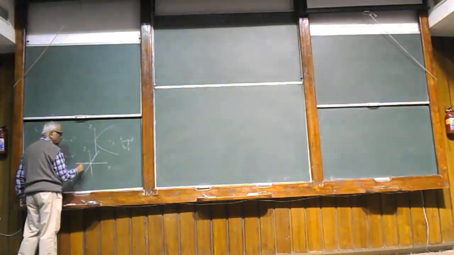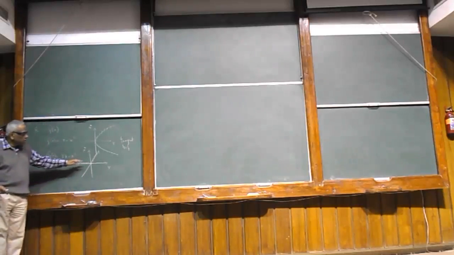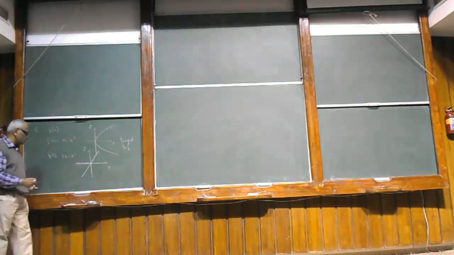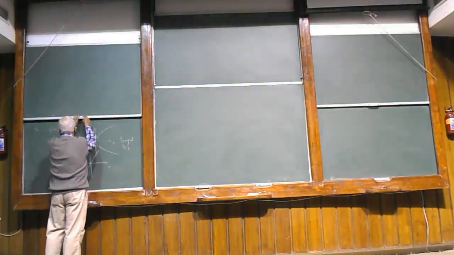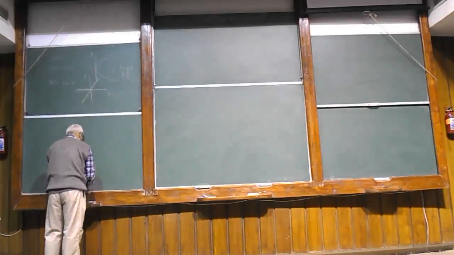So x star equal to 0 is stable for r less than 0, and then the other fixed point, x star equal to r, becomes stable.